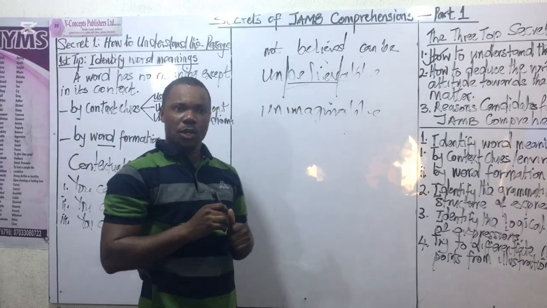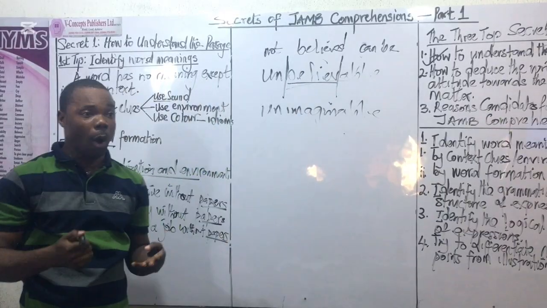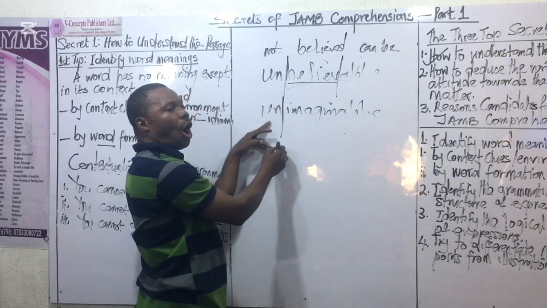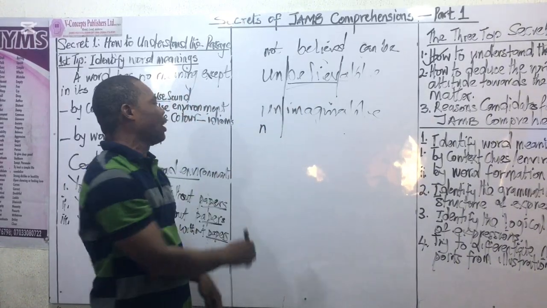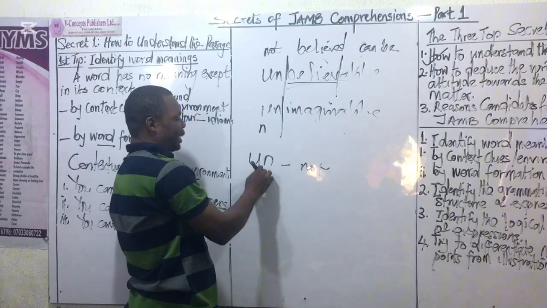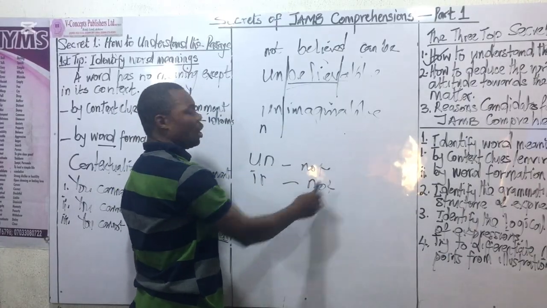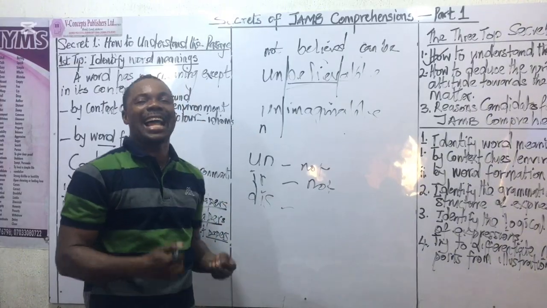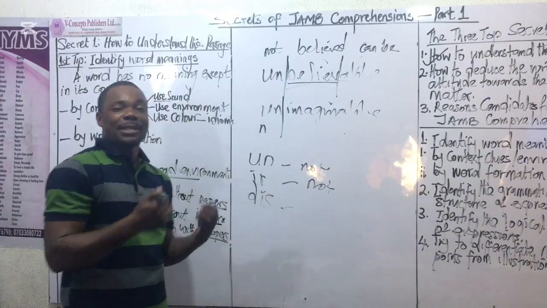Cannot be believed. So unbelievable means cannot be believed. What about unimaginable? You can break down prefixes like un, which means not. Prefixes like ir, which means not. Prefixes like dis. If I say I'm discontented, and I am contented, that means I'm satisfied.